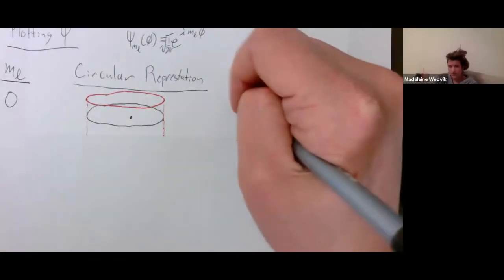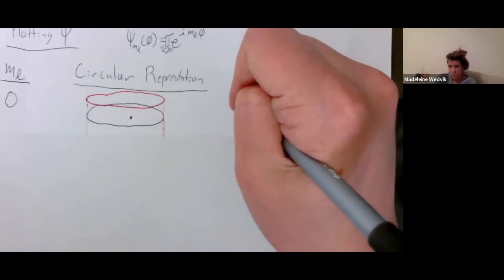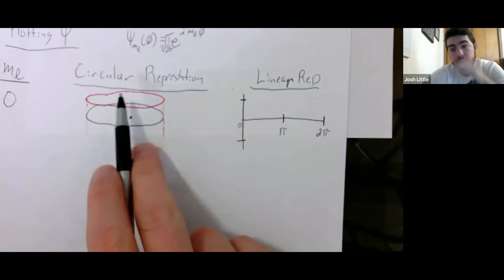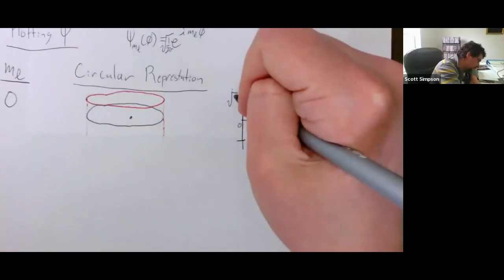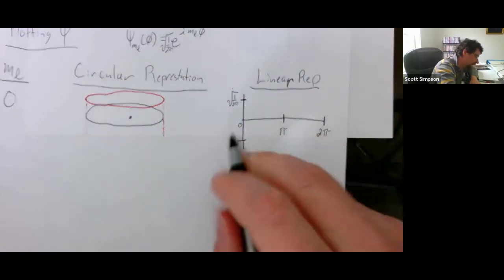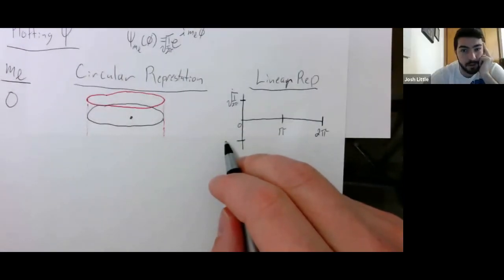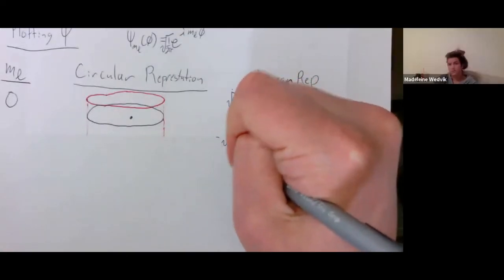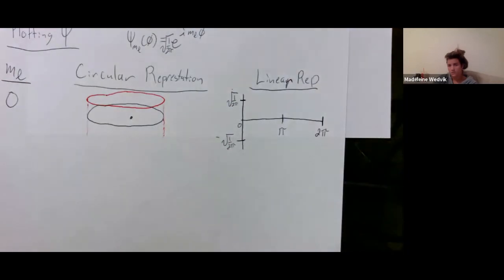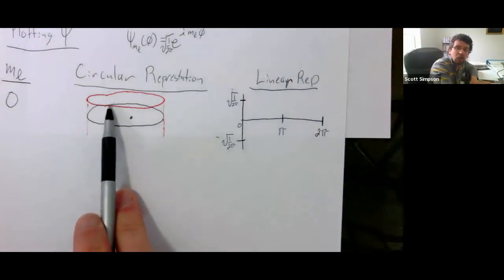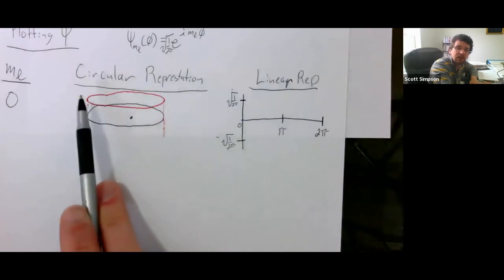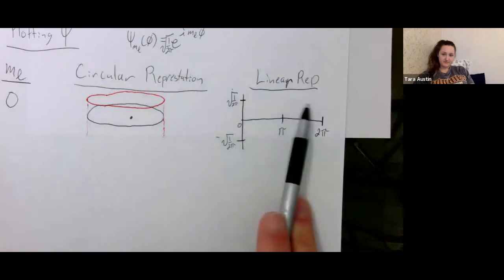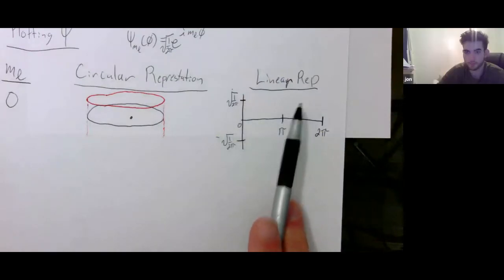Not pi and negative pi. What's the value of our wave function again? Radical 1 over 2 pi. Yep. We're going to go from radical 1 over 2 pi, and what do you think about our bottom? Some negative 1 over radical 2 pi. So is it just going to be a sine curve? Looking at our plot, is it going to be a sine curve? No. What am I going to draw here? It's a straight line. Just a straight line.